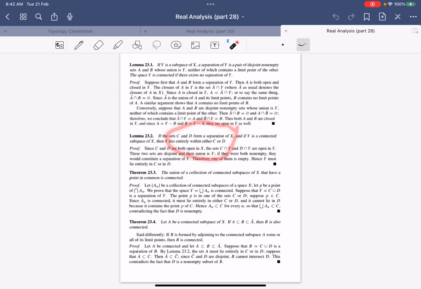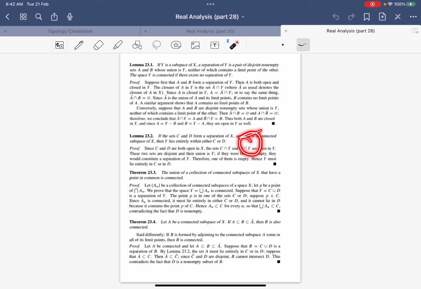If C and D form a separation of X, and Y is a connected subspace, then Y must lie entirely in C or D. That's because if it doesn't lie entirely in C or D, then they will constitute a separation of Y. Because if C and D are both open, then C intersect Y and D intersect Y are open, their sets are disjoint and their union is Y. So one of these parts must be empty.